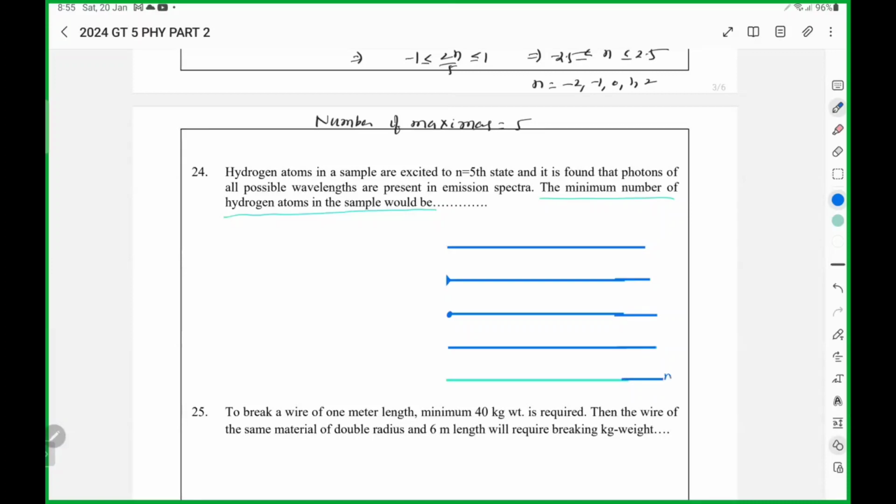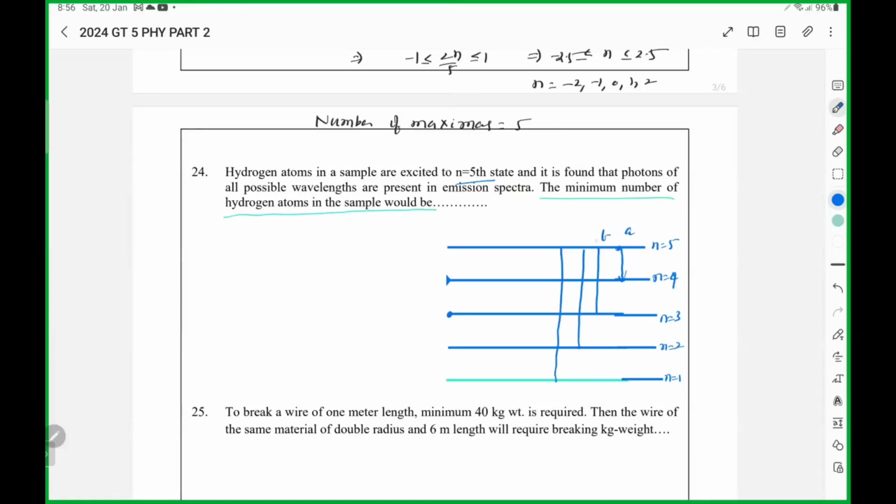It's a ground state, first excited state. When these five states are there, so hydrogen atom is in fifth state. So if it emits one photon, it can reach the fourth state, or by emitting some other energy like this, different spectral lines are possible.